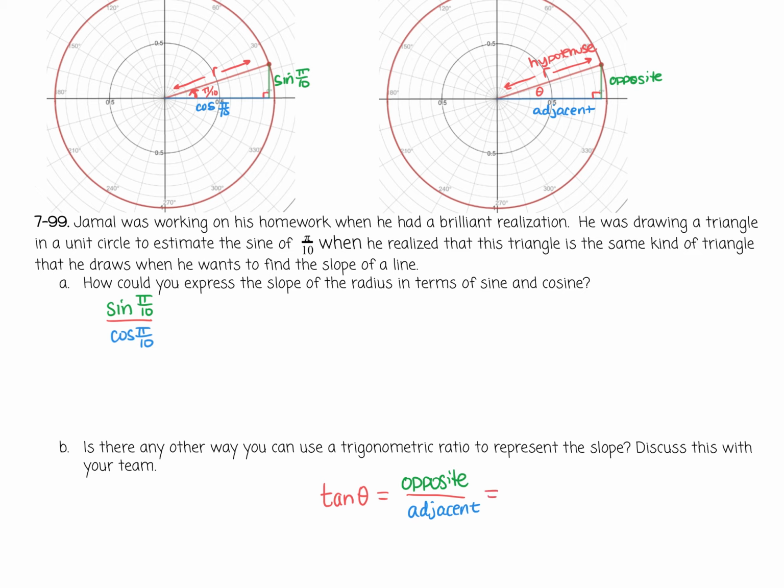So this is really the same thing as saying sine of theta over the cosine of theta. So we can write our slope triangle as sine over cosine, but we could also write sine over cosine as tangent. So those are going to be equivalents to each other, and that's really what we wanted you to get from this.